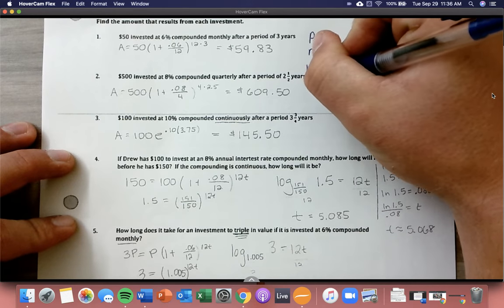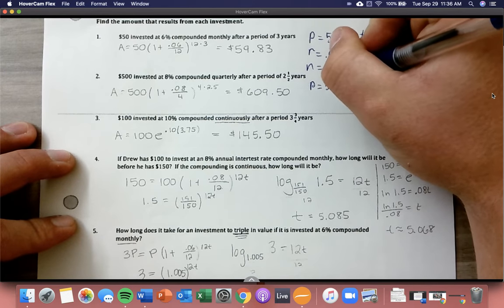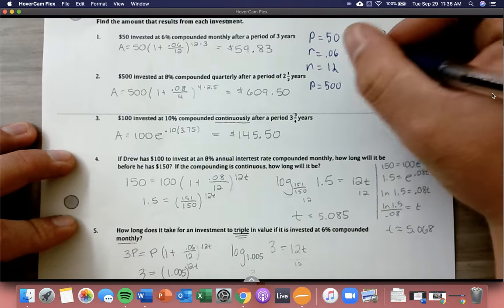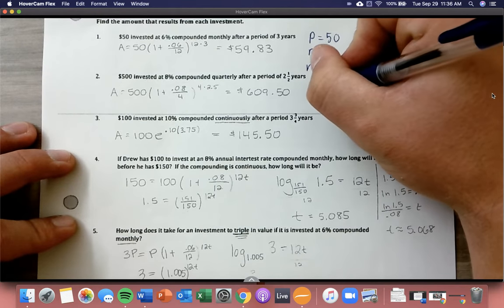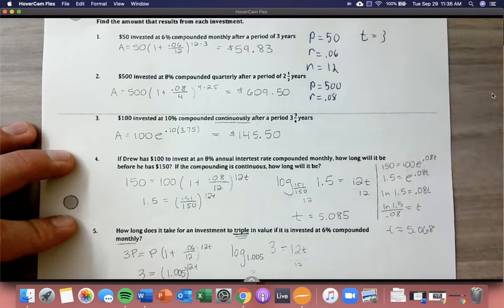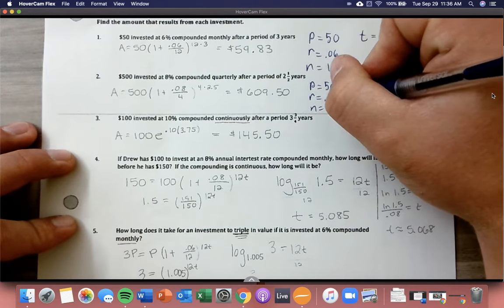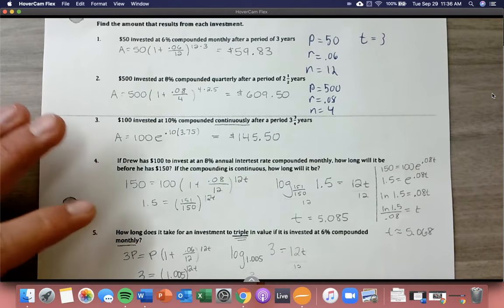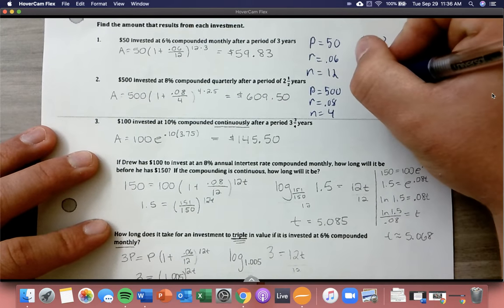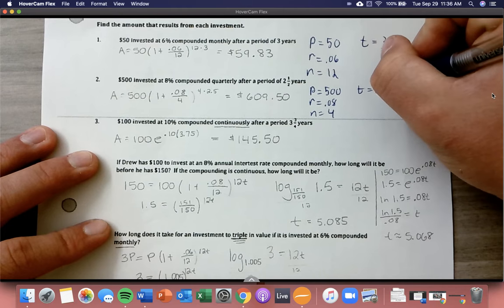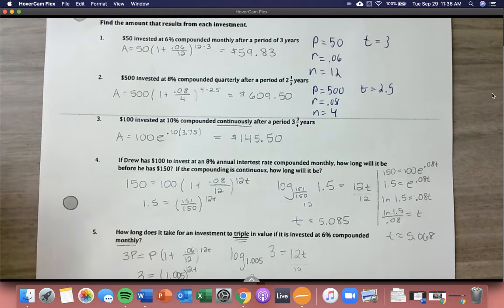Number two is a very similar problem. The principal in this case, though, is 500. It's invested at 8%, so the rate is 0.08, and it's compounded quarterly, meaning it's going to compound 4 times a year. And then for a period of 2.5 years. So t is 2.5.